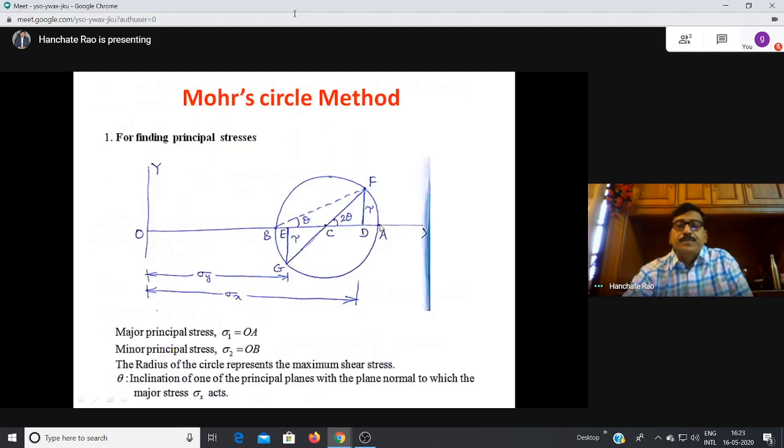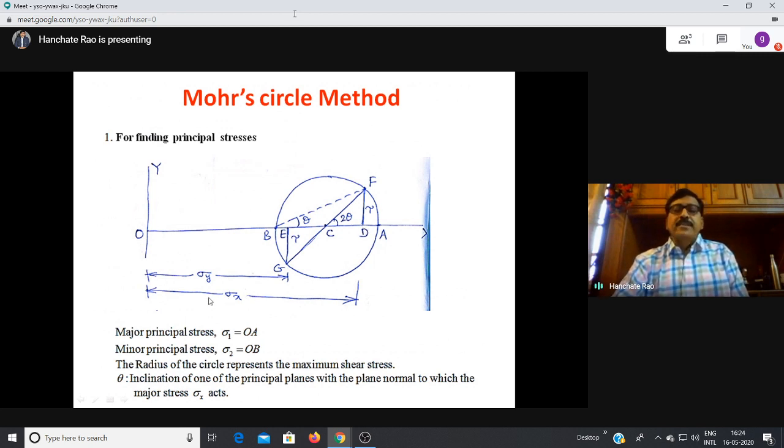That's what I want to do. So draw x-axis and y-axis. On the x-axis, you choose a scale, some 10 newtons per mm square is equal to 1 centimeter. So to a certain scale, you draw OD such that OD is equal to sigma x.